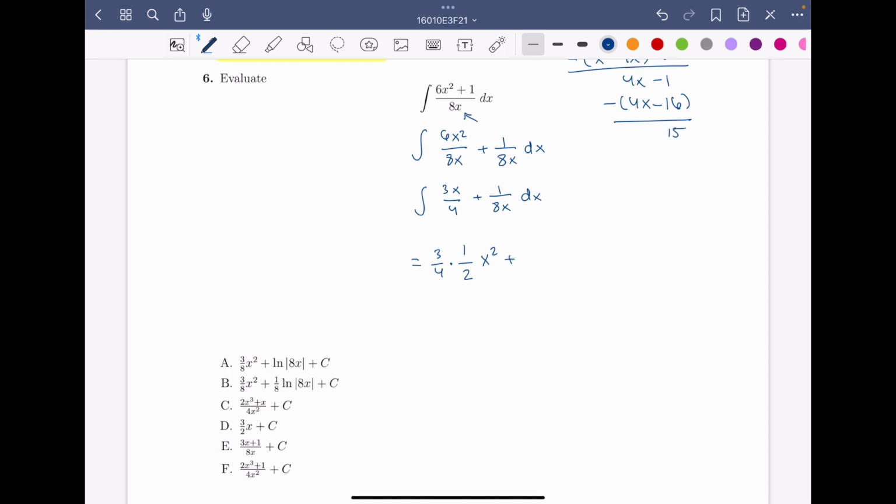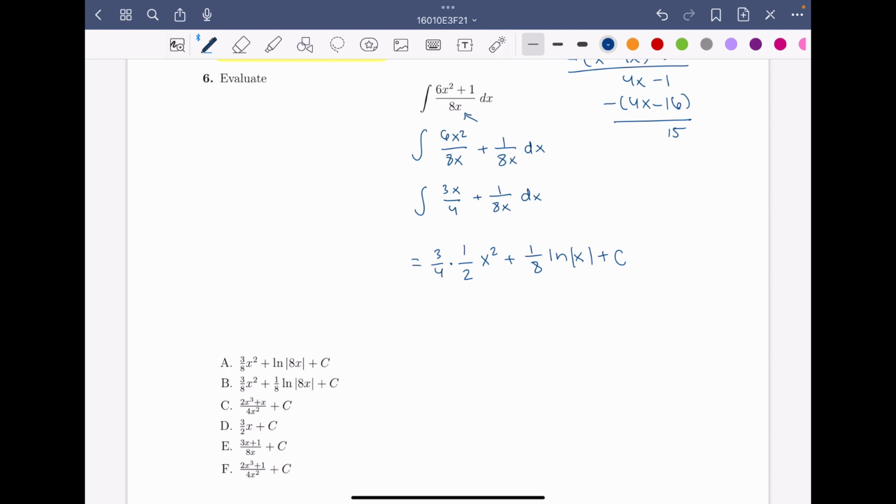And then the next term has a leading number of 1/8, so we can take that out. The integral of 1 over x is natural log of the absolute value of x, plus c.